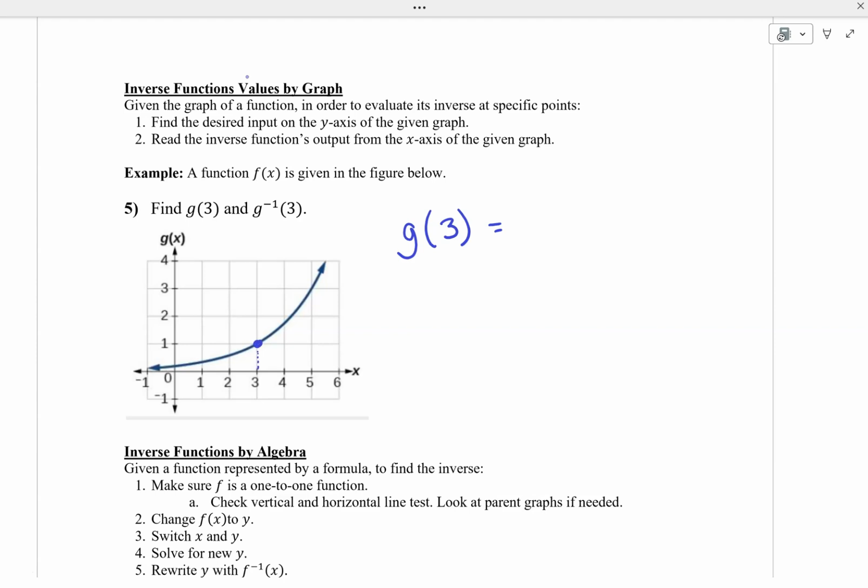The answer is 1. So to help you out, you're going to start with the x and answer with y. Because remember, this is your x value.